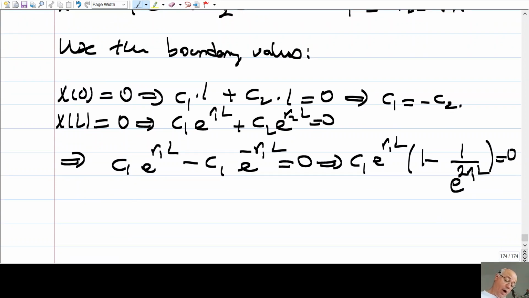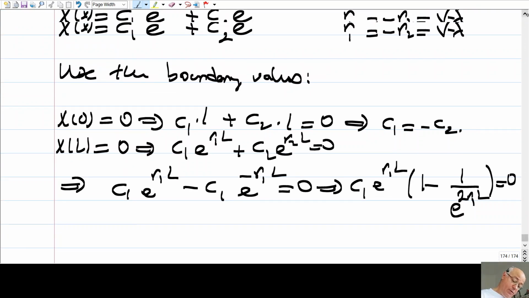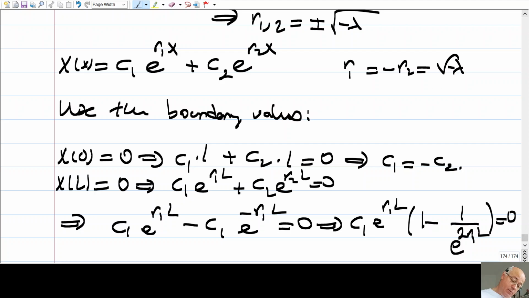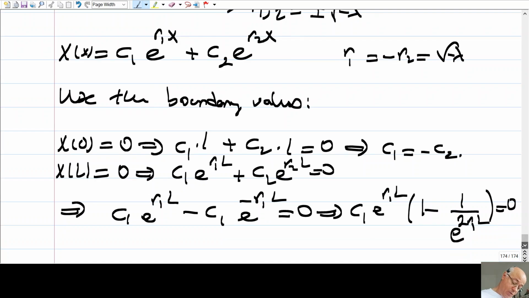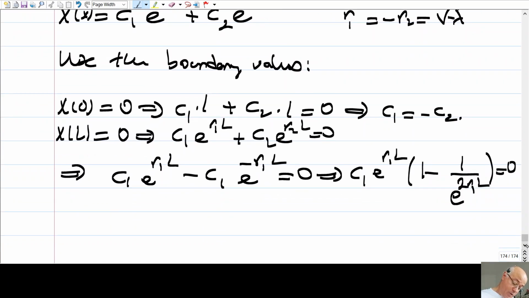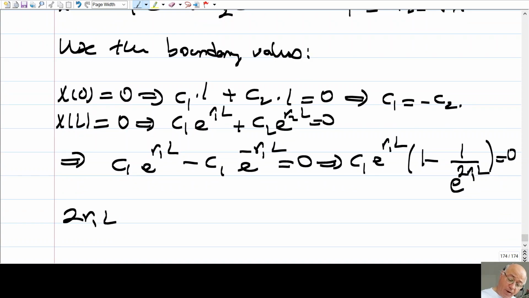Well, 2R1L is not 0. Therefore, e to the power 2R1L is not equal to 1.